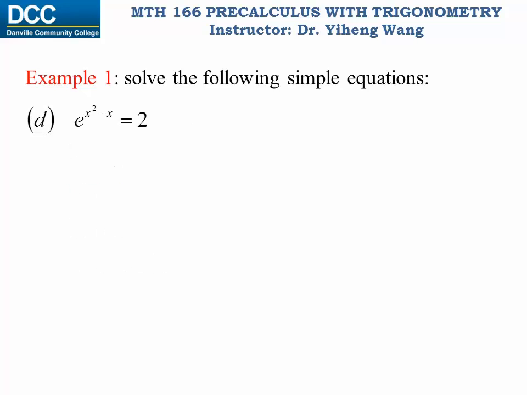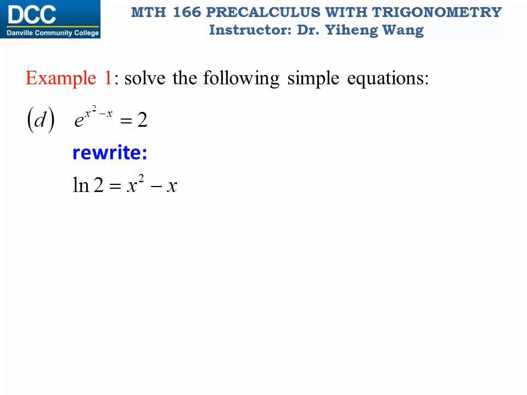Lastly, for this equation, it is given in the exponential expression. We want to rewrite it into its equivalent logarithmic expression. And here we have a base of e. Therefore, we rewrite it into the natural logarithm expression: ln 2, which is the logarithm with a base of e, equals x squared minus x.